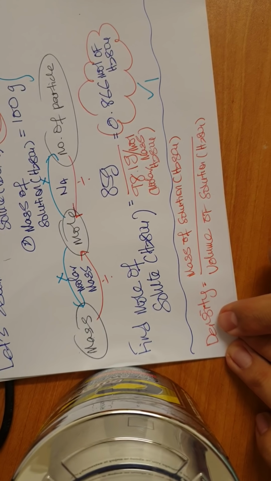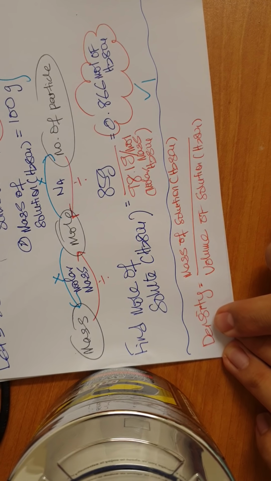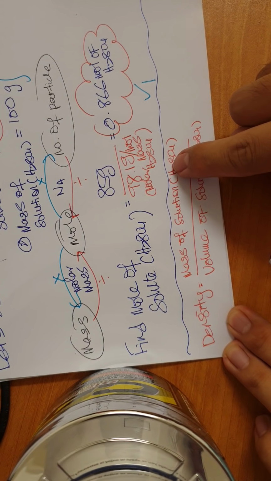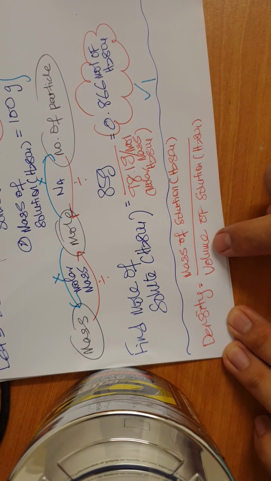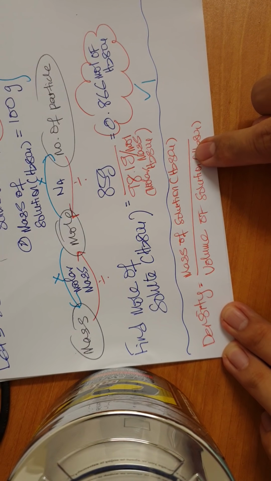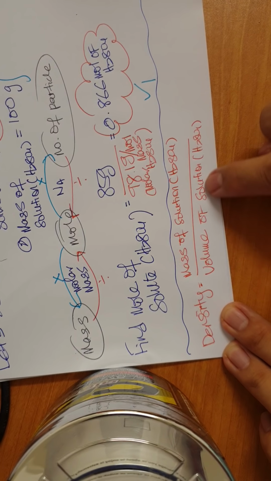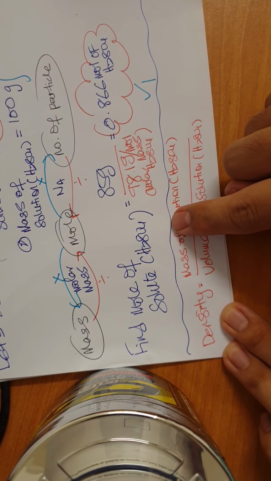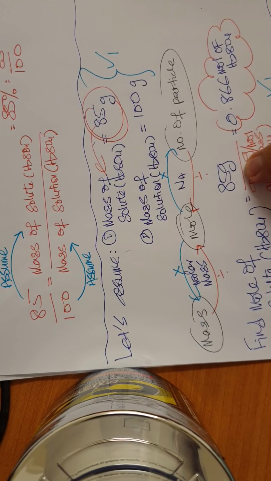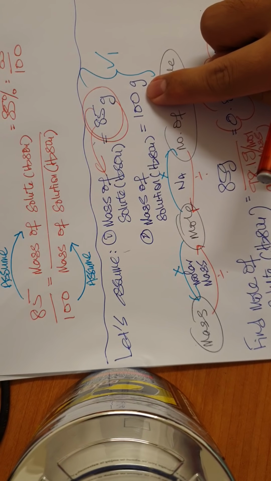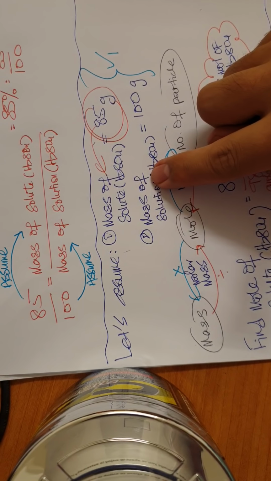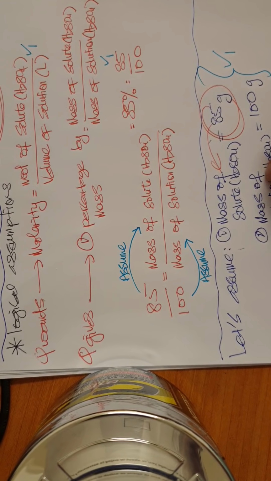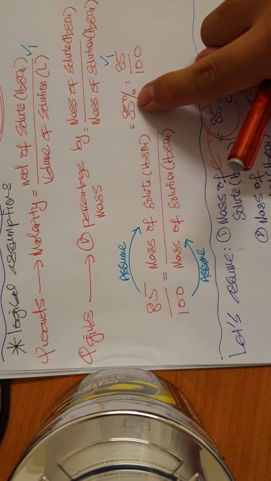So right now, from the density definition, mass of solution H2SO4 over volume of solution H2SO4, kita sudah boleh dapat yang ini. Okay? Mass of solution kita sudah assume tadi sebanyak 100 gram. Dari mana assumption kita dapat ni? Dari percentage by mass yang dia bagi.